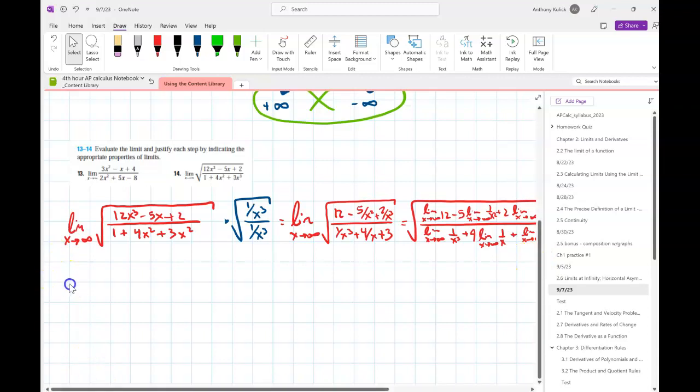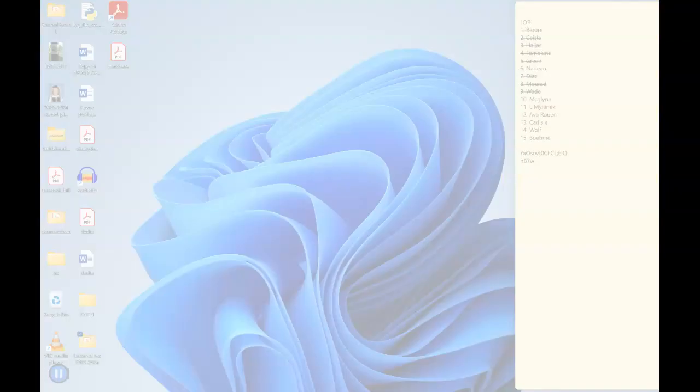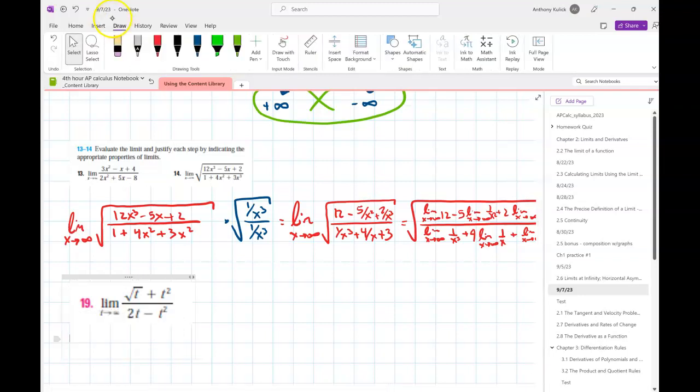Oh, you're concerned about the square root? A little bit. Well, what's the degree on a square root? 1 over 1/2, right? That's all I'm doing with it. So I'm still going to do just this.